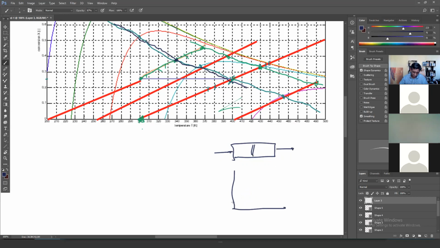You'd want your maximum rate to be somewhere in the middle of your PFR. You want the average operation of your PFR to be at a nice high rate. And that's in effect what we've done here. We've crossed over the maximum rate region, and we've gone as far as the 10K to equilibrium line. In practice, 10K short of equilibrium works fairly well. So this is a good choice.